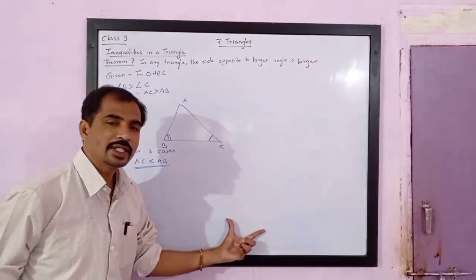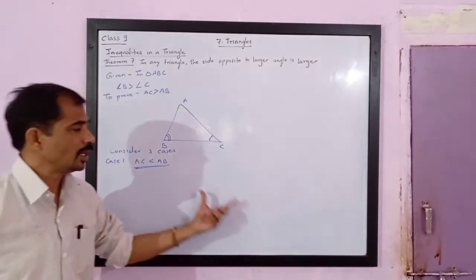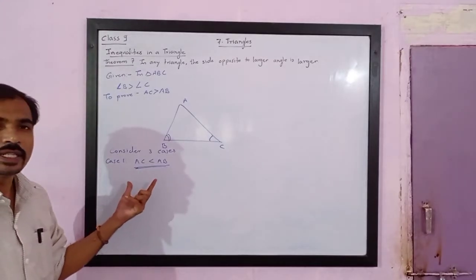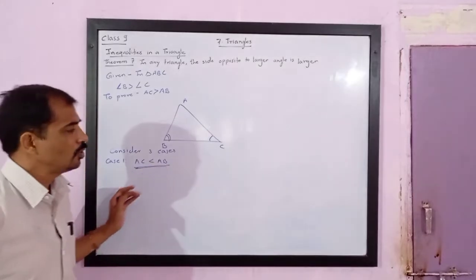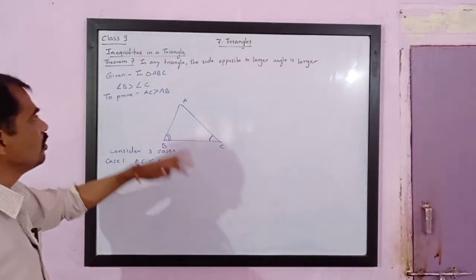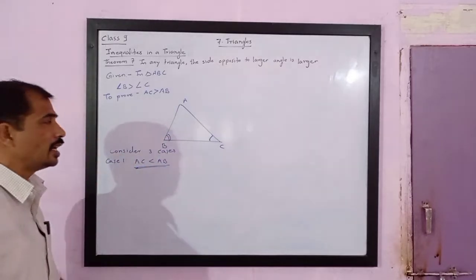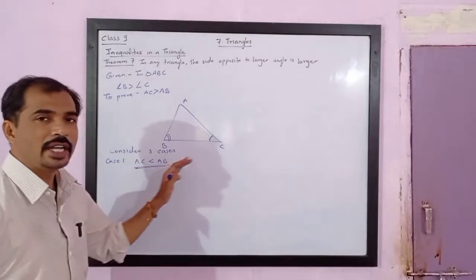By solving certain steps, we will prove that AC equal to AB is also not possible. Then there exists only one last case, that is AC is bigger than AB. If two cases are not possible, the only third case exists, and in that way we are going to prove that AC is greater than AB. This type of proving is called the method of contradiction.